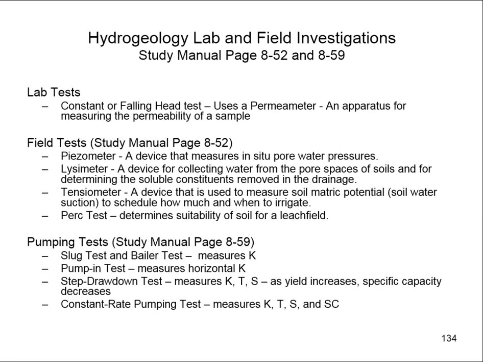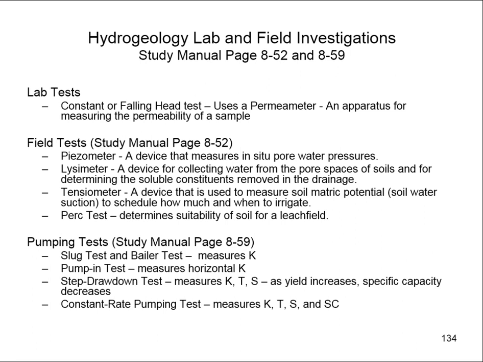The pump-in test measures the horizontal component of your hydraulic conductivity. So if you are getting a lot of inflow, then you have to pump harder to keep the water level at the same level. And if you don't have much inflow, then maybe you ease off on that pumping.